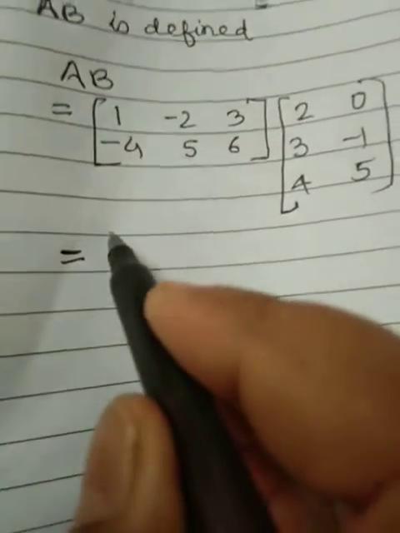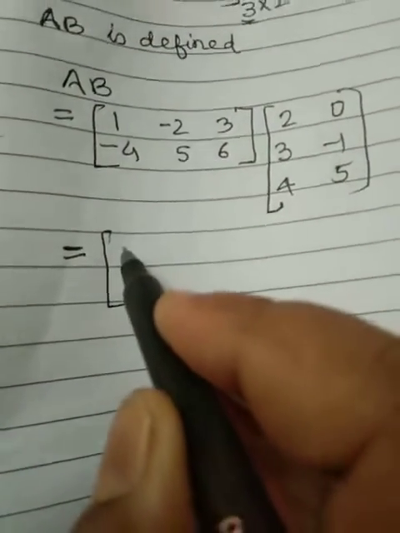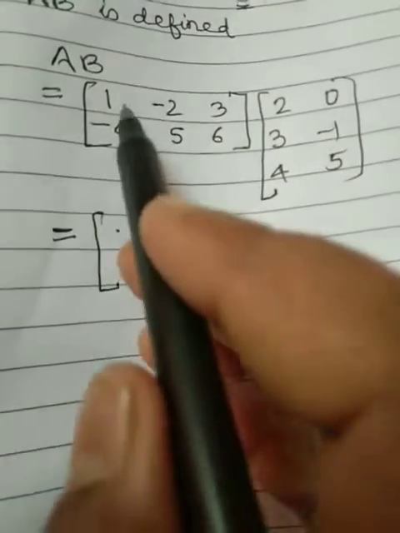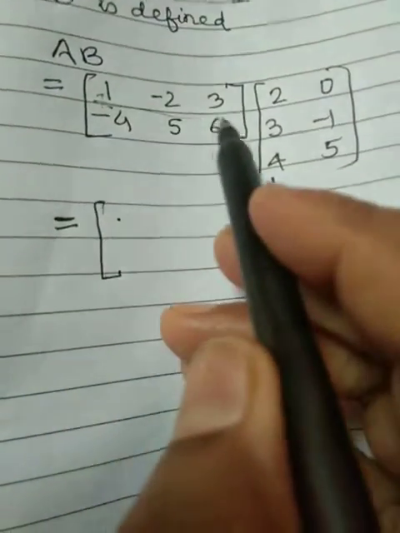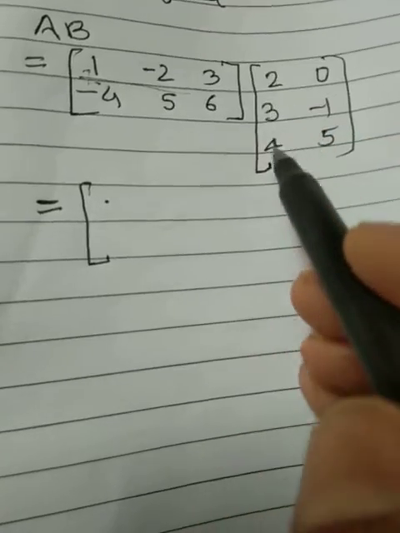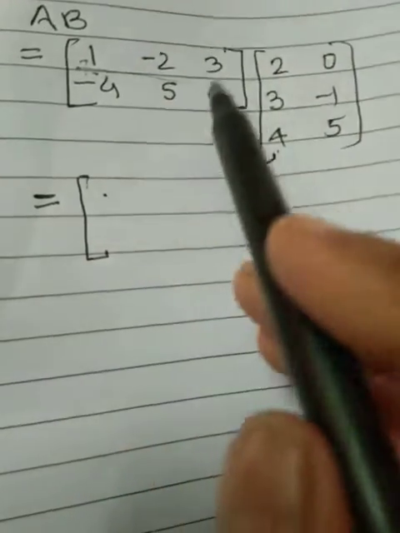Here, when we are multiplying A and B, the first element should be the elements of the first row multiplied with the elements of the first column. Then it will become A11.